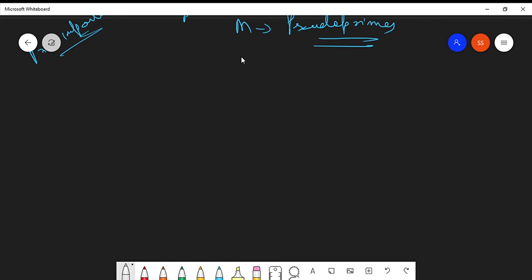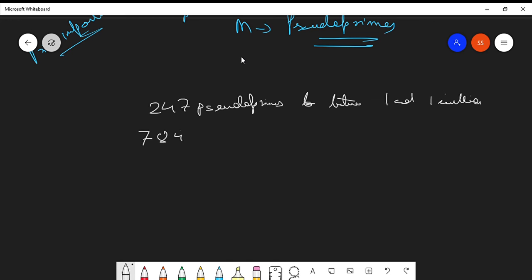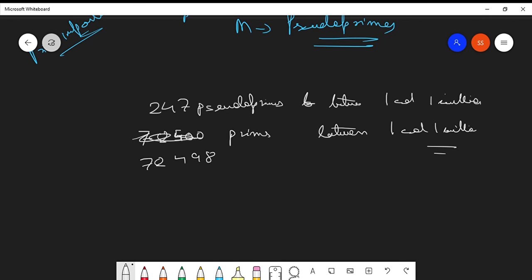There are about 247 pseudo primes between 1 and 1 million, while there are 78,498 primes between 1 and 1 million. So they are very much less dense.